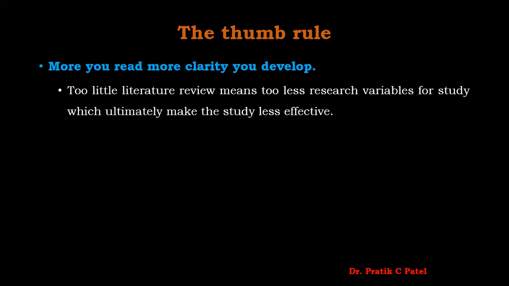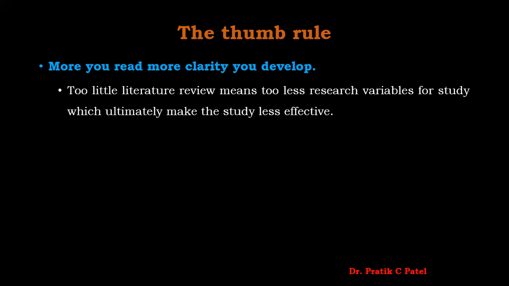Too little literature review means too few research variables for your study, which ultimately makes your study less effective. So as I said, I have identified 3 categories of variables. It is just to explain. Otherwise, based upon reading, there can be 5, 6 different categories of variables which affect consumer satisfaction for a retail store like Chroma. So read more and more.